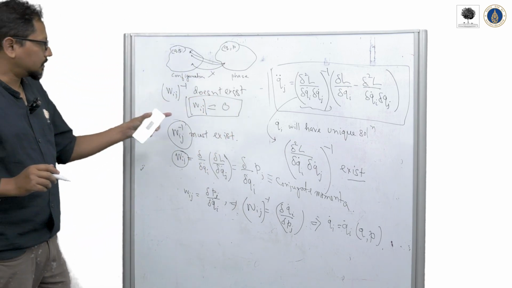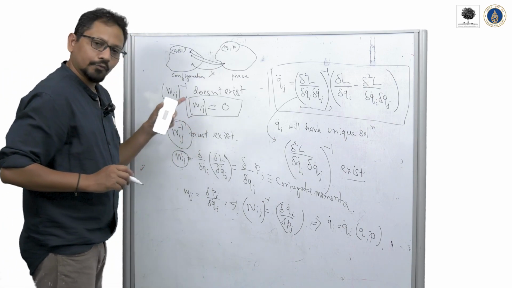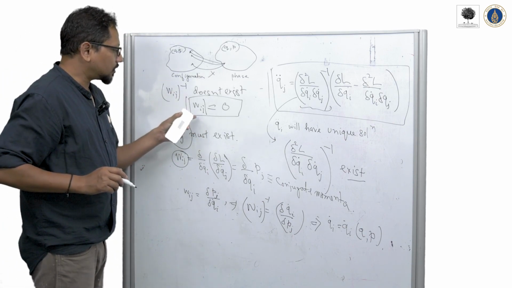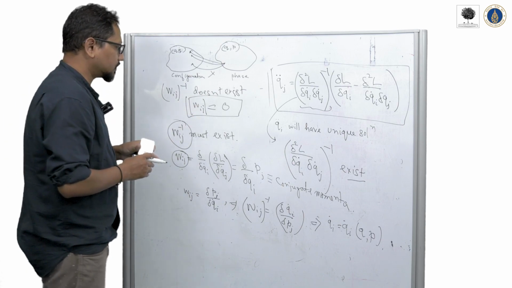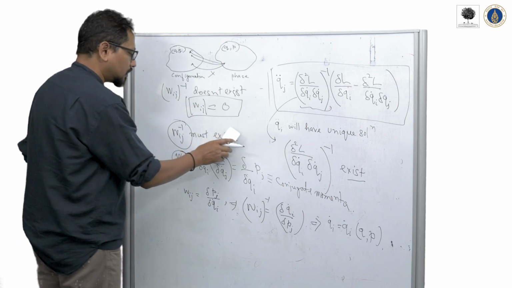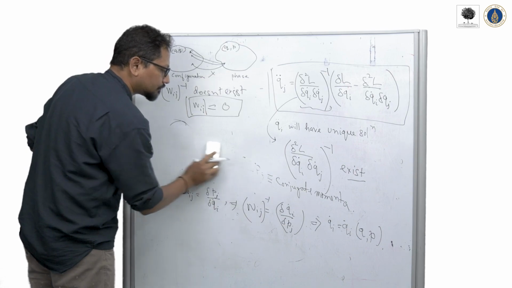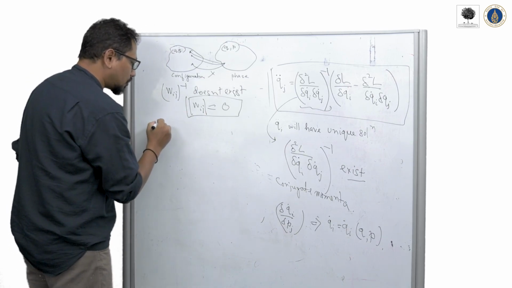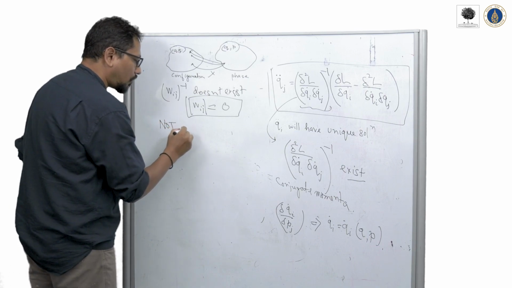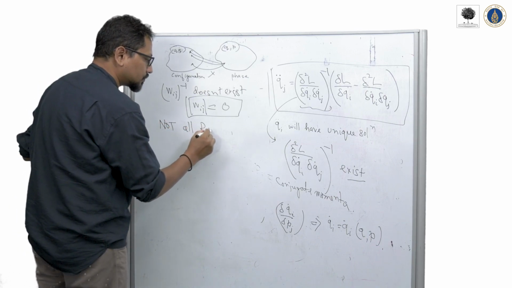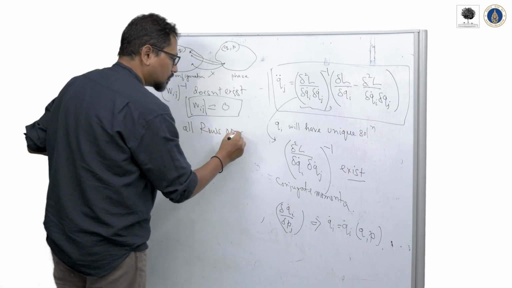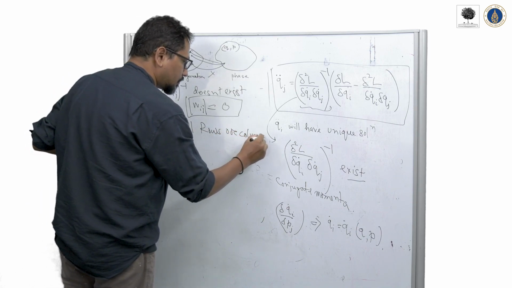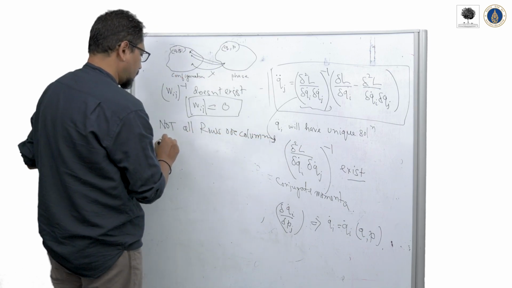This is a square matrix, and we know when the determinant of a square matrix is 0, that means not all rows or columns are independent.